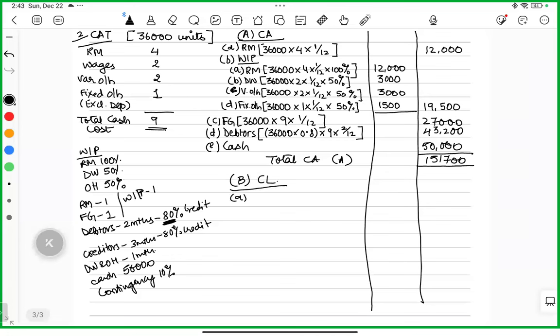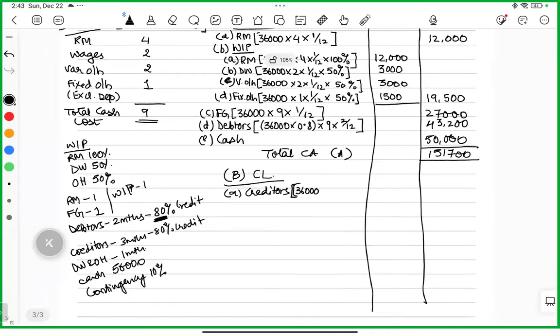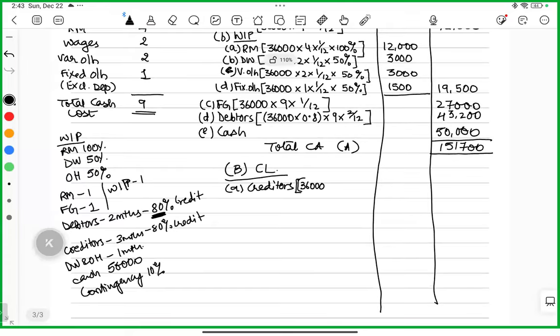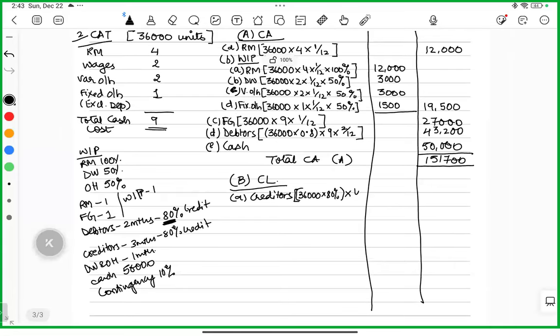Now part B, current liabilities. In current liabilities, the first one is creditors, from whom you buy raw materials on credit. So you are going to buy 36,000 units of raw material. But see, creditors are also giving you only 80% on credit. Rest you have to buy on cash, multiplied by per unit raw material. Since you are buying raw material from creditors, and creditors are allowing you time of 3 months.